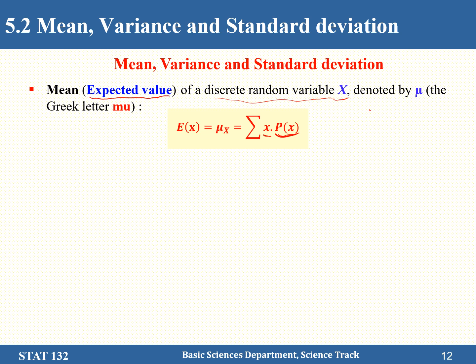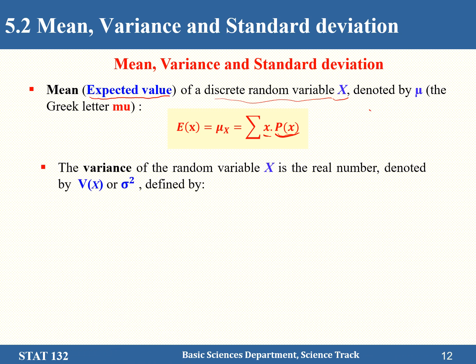Now in the same way we can define the variance. The variance of a random variable X is a real number, denoted by V of X or sigma squared, and it can be calculated by this formula: the expected value of X squared minus mu squared.